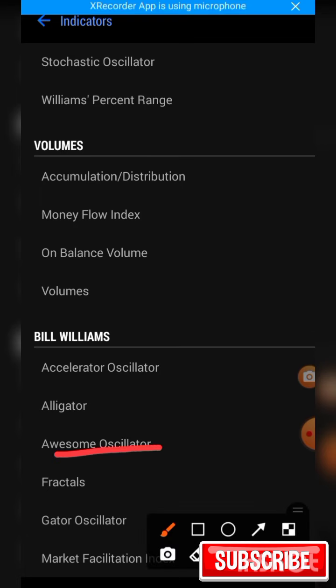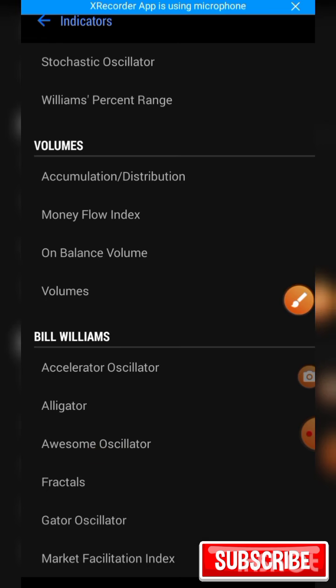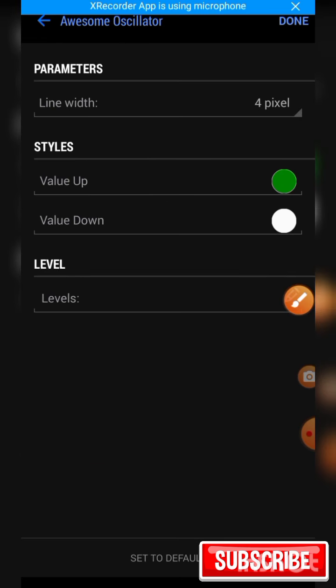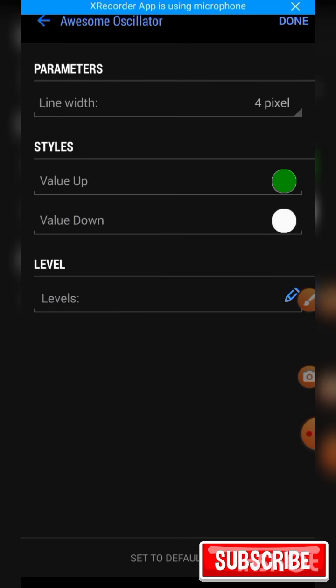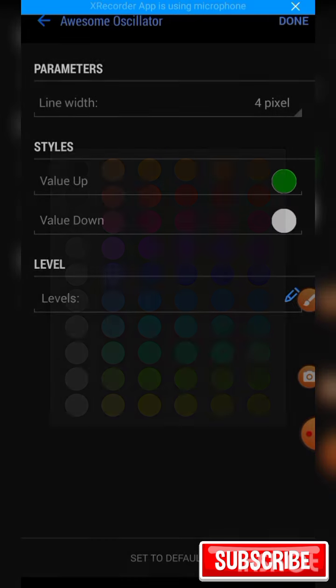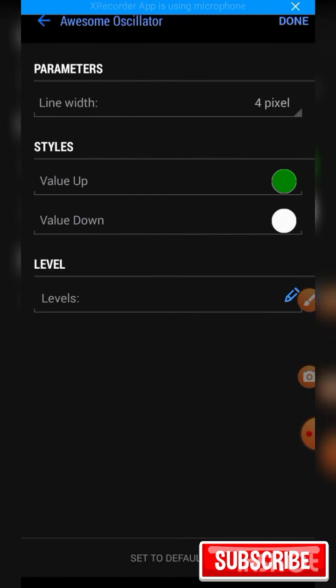Now when you click it, set the same settings: your line weight pixel to 4, then your styles, value up green, value down white. There are no levels, then click done.